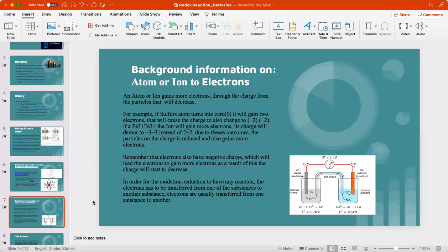Background information on atoms or ions gaining electrons. An atom or ion that gains more electrons has its charge decrease.